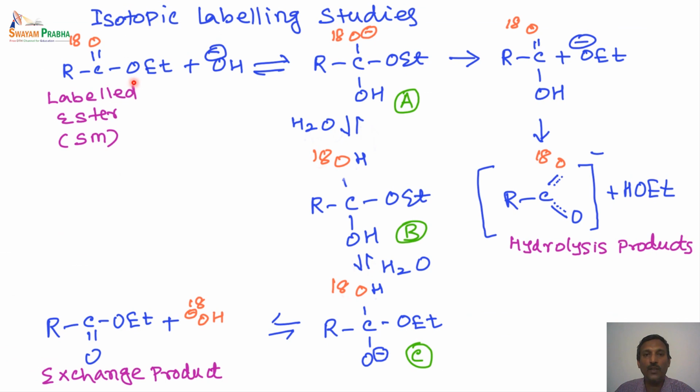This is also one of the ways by which we can confirm that the carbon oxygen, that is the acyl oxygen bond, is cleaved, because we can only explain it if the acyl oxygen bond is cleaved, then the O18 labeled substance will be exchanged after the hydrolysis is over. So this is another way of confirming this particular reaction involves acyl oxygen bond cleavage.